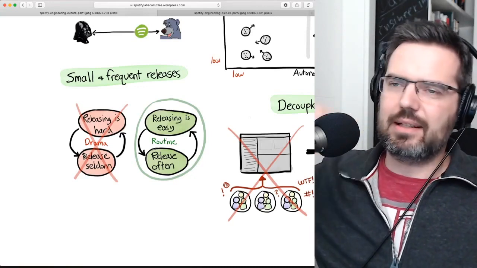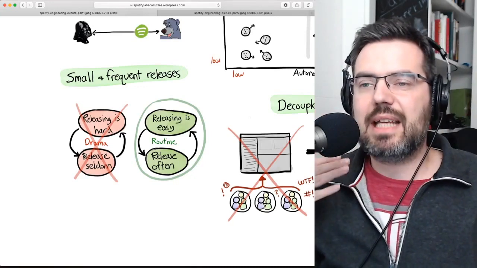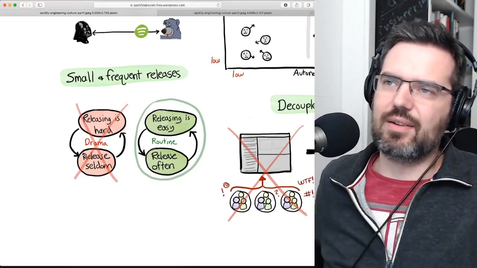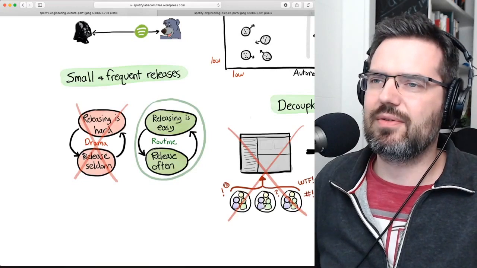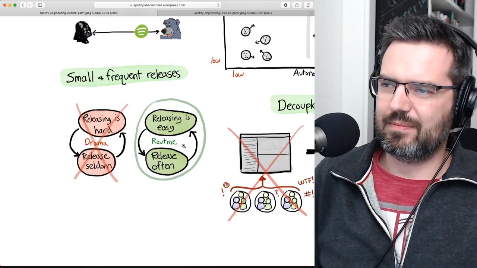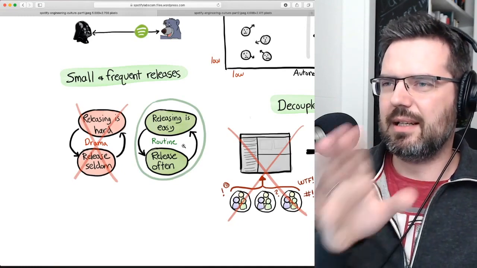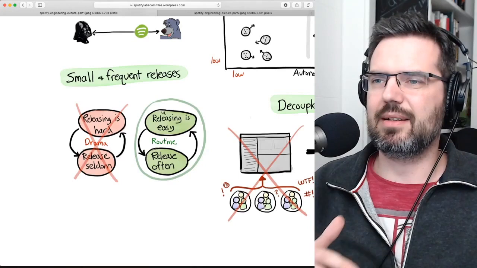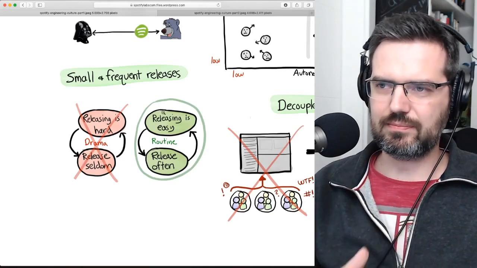Big releases also take long to release a lot of stuff, and this is not very useful. And what they say sounds very simple, we come to this again in the second part: releasing is easy because they release very often.